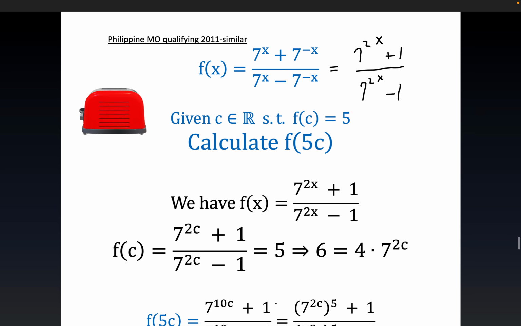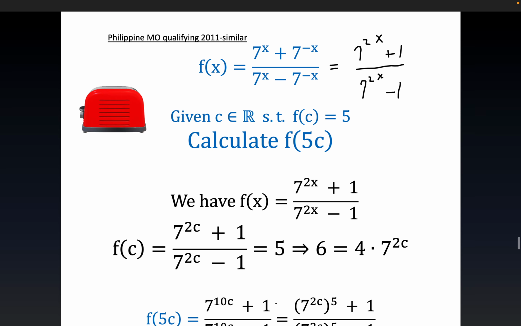Now from here, when you do some multiplying and collecting like terms, we get this statement right here. And so this would reduce to 3/2, if you divide by 4, is equal to 7 raised to the 2c.